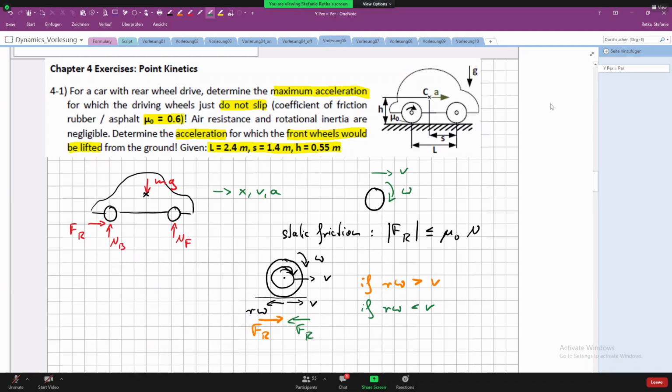For example, this can happen if you have a tire, or a cylinder, or an object, and you apply a driving force to the center of the object. If you increase this force, it's more likely that slipping occurs due to a faster translational motion than a rotational motion. Okay, so that's what you have to consider.